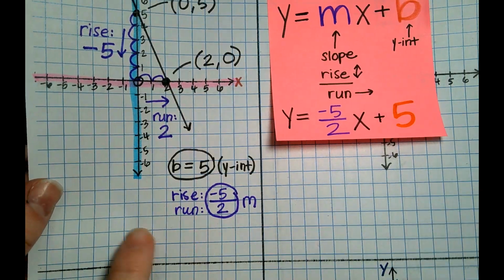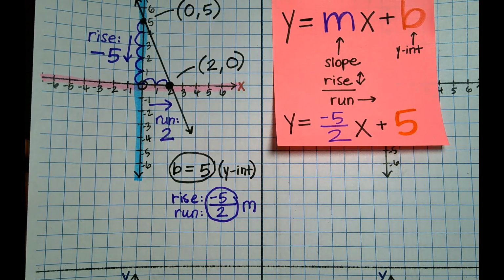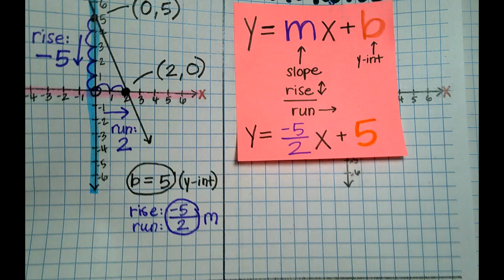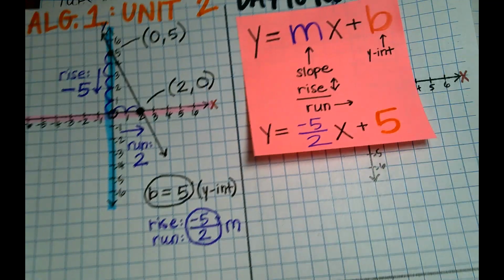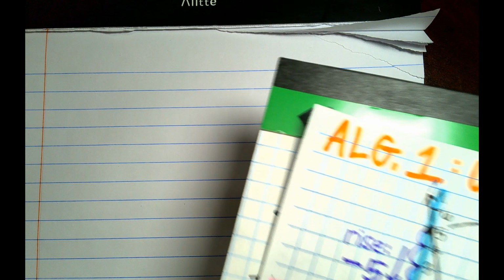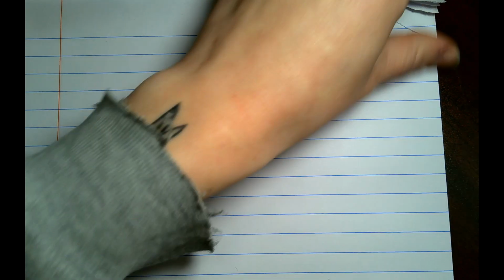For some reason, when I write words and numbers on graph paper, I have a harder time seeing it than on lined paper. So I'm going to switch back to lined paper for a minute when we take these notes, and we'll just reference the graph paper. We'll look at it. So we'll call this page 2. I'm going to start by titling it, and we're going to write out the steps.